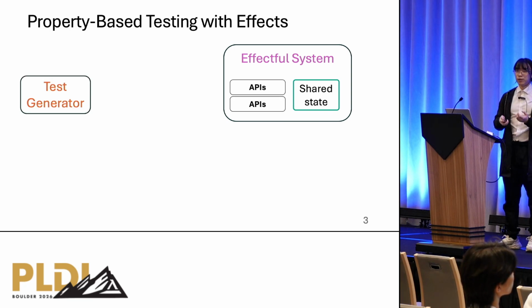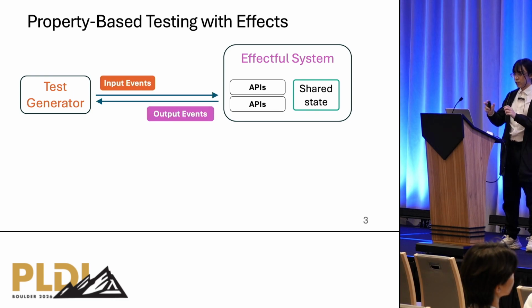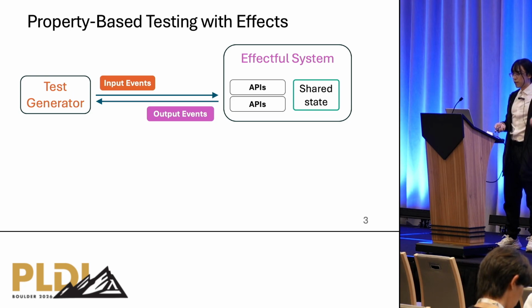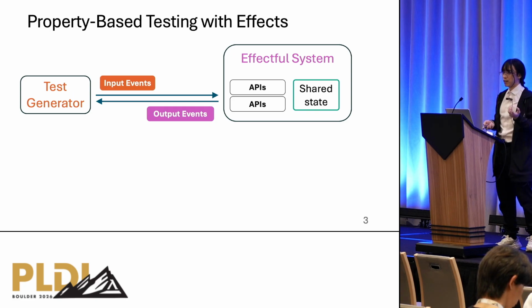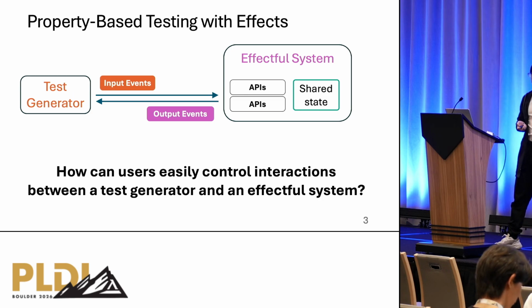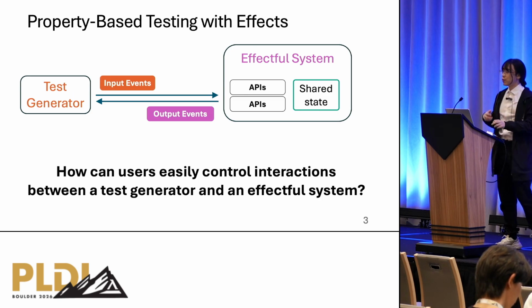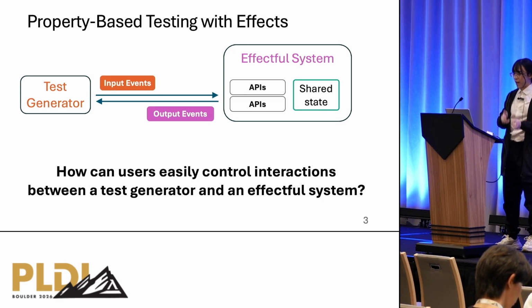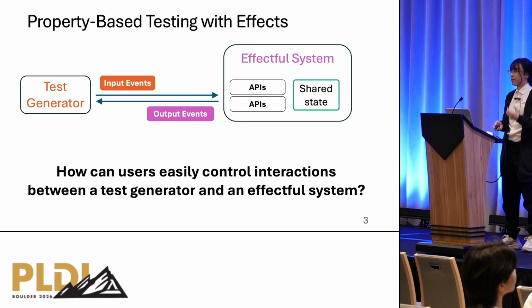So the test generator doesn't provide a test input, but interacts with the effectful system. For example, there are input events and output events, that is, invocations of the APIs. Now the question is how can the user easily control this kind of interaction between the test generator and the effectful system, but still do smart exploration with guidance?